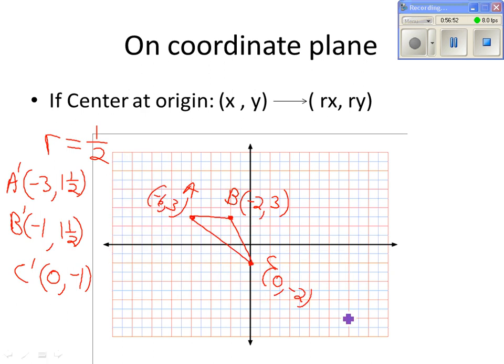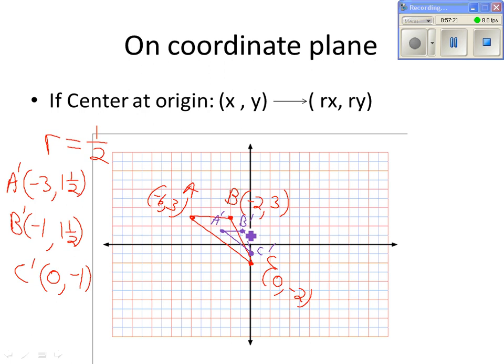-3, 1.5, somewhere about there. That's A prime. -1, 1.5. That's B prime. 0, -1. That's C prime. I think you're substantially smaller. All right, so we used a reduction to get to this purple shape right here.